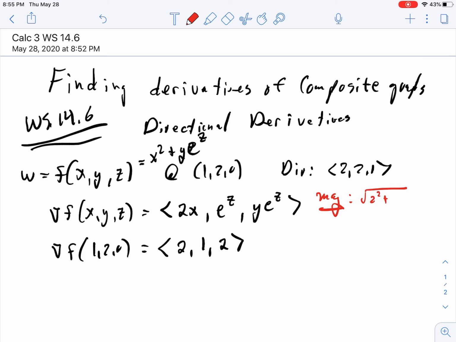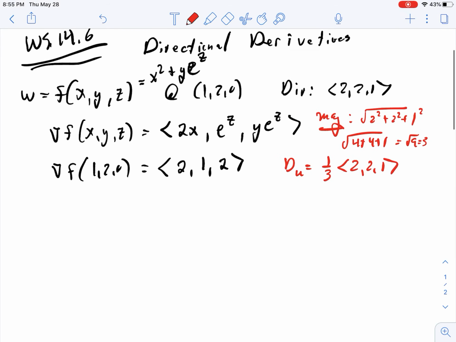Okay, so now the directional derivative. I've got to find the magnitude. That would be the square root of 2 squared plus 2 squared plus 1 squared. So what's that? Square root of 4 plus 4 plus 1, so that would be square root of 9, or 3. In this case, the directional derivative du would be 1/3 of 2, 2, 1.